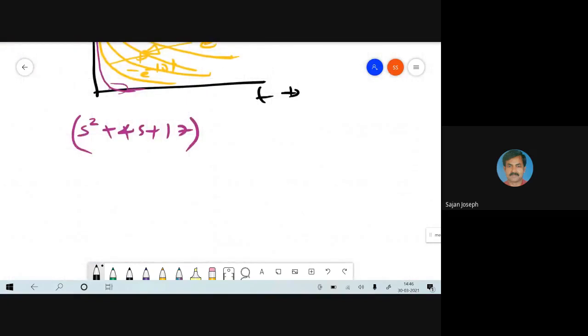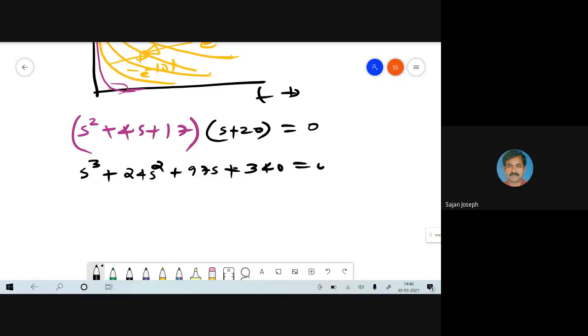So s equal to minus 20 means what factor will give rise to it? s plus 20. So this will be the characteristic equation, and this can be simplified. Simplifying: s cube plus 4s square plus 20s square, that is 24s square, plus 80s plus 17s, that is 97s, plus 17 into 20, that is 340, equal to 0.